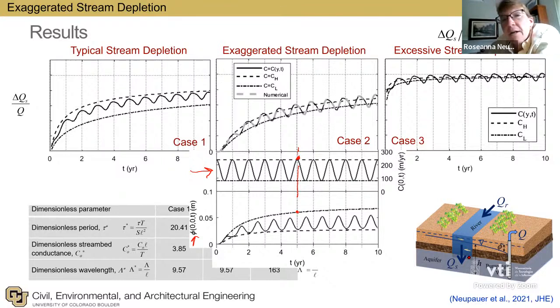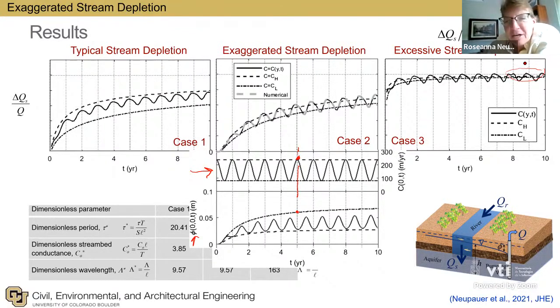And then the plot on the far right is showing another unique feature. When we do have this exaggerated stream depletion, there are certain scenarios when the well is close to the stream, for example, where you actually get stream depletion that exceeds the pumping rate.